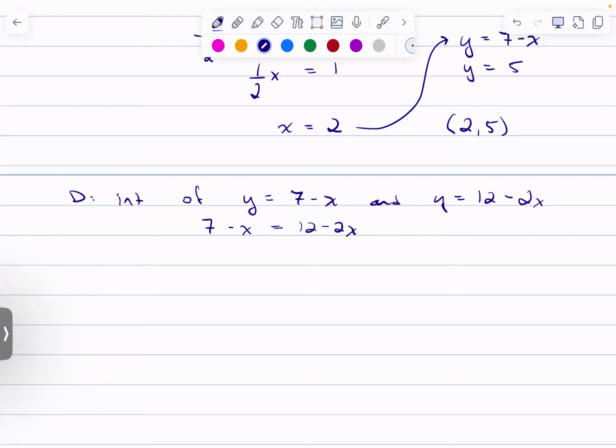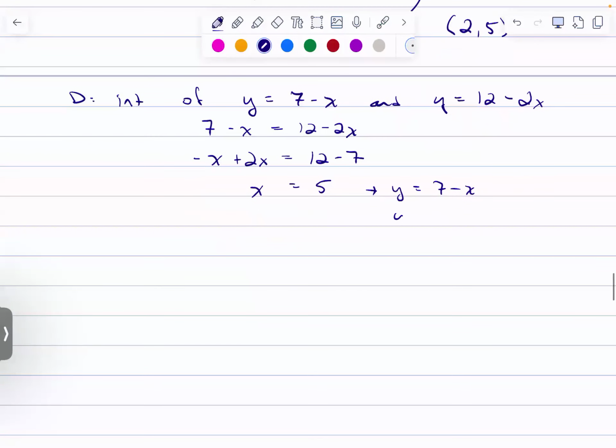Move my x's to one side, move the 7 over to the other side. I get negative x plus 2x is 12 minus 7. 12 minus 7 is 5. Nice. And negative 1 plus 2 puts me at just x. x is equal to 5. Using either of these, we should get the same value of y, right? If I use y is 7 minus x at x equals 5, y must be 2. So then the point is at 5, 2.